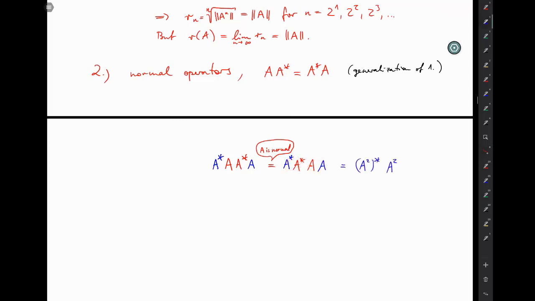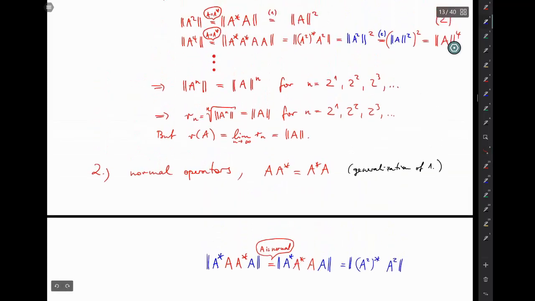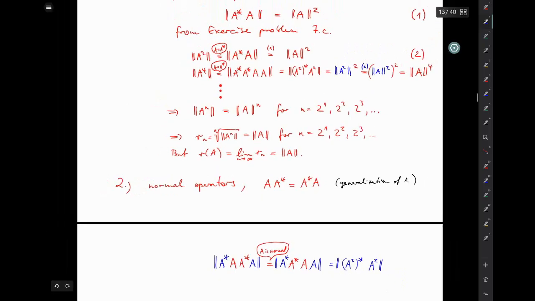And then if we put norms everywhere, we can again use equality number 1. Where is it? Up here. But now again with a square in place of a, we get the right-hand side of number 1, but with a square in place of a. Okay, that was not so bad.